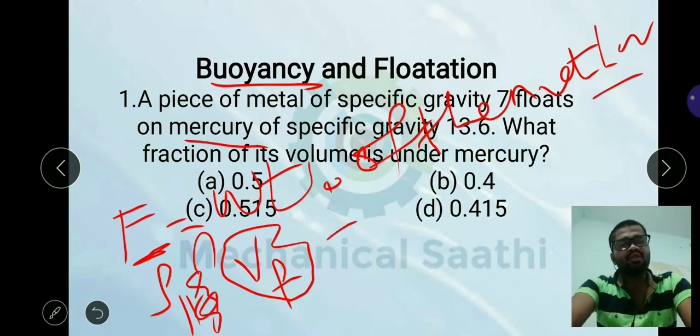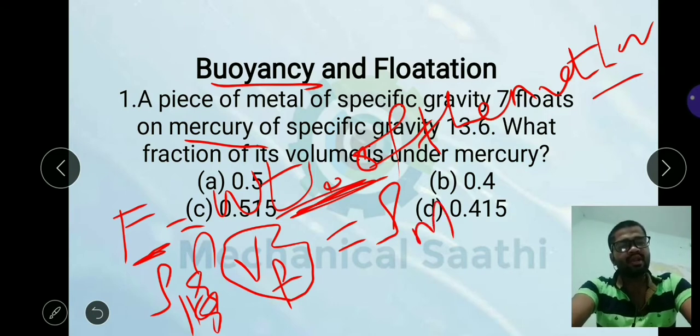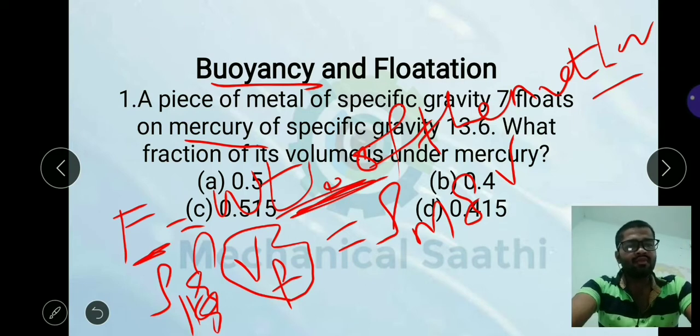That will be equal to the weight of the metal, which is rho of metal into g into the total volume of the metal. We need to calculate what portion of volume is inside the mercury, so we need to calculate Vf.